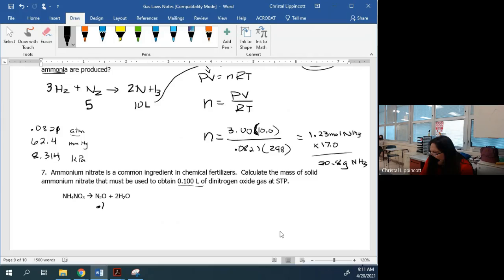They want to know the solid ammonium nitrate. So if this is 0.1 liters, the problem is that it only works for gases. But we're at STP, so 0.1 liters.